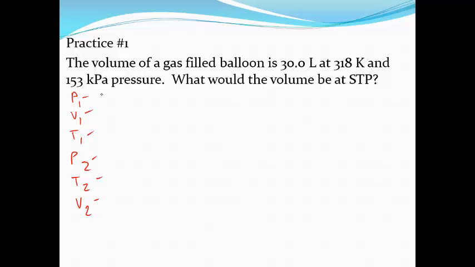Only one of the 6 can be unknown, and right now that is the volume. What would the volume be? That is our unknown. We know our first pressure is 153 kilopascals. The first volume, the balloon's originally at 30.0 liters, and our temperature is already in Kelvins, 318 Kelvin.